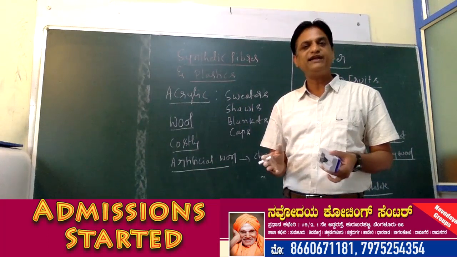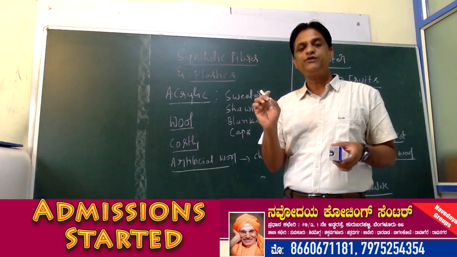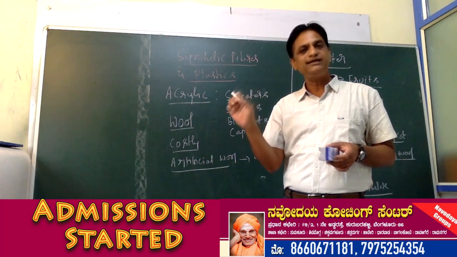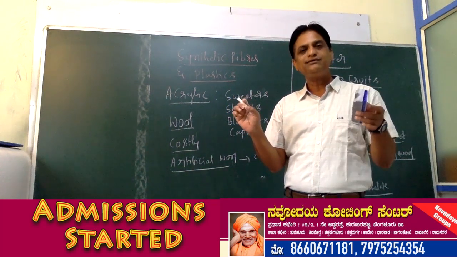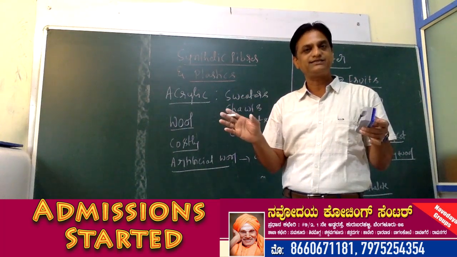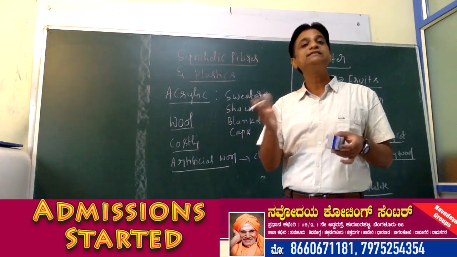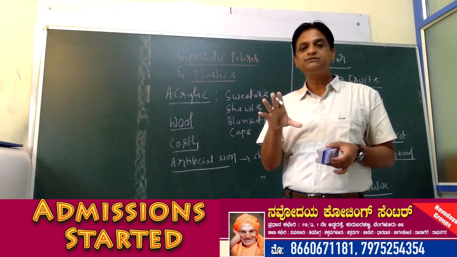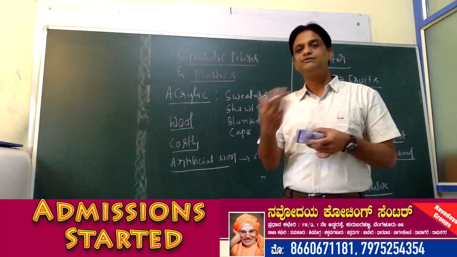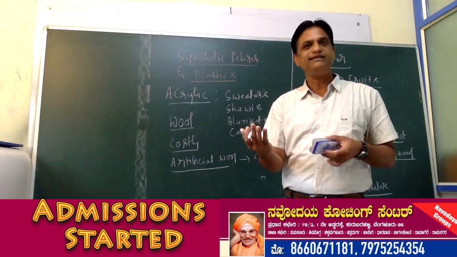But there is one disadvantage of synthetic fiber over natural fiber. What is that? Suppose you burn a natural fiber, say cotton. Cotton is a natural fiber. And a nylon cloth. You can see the difference when you burn natural fiber and synthetic fiber. Take a person who is working in an area which is prone to fire accidents.